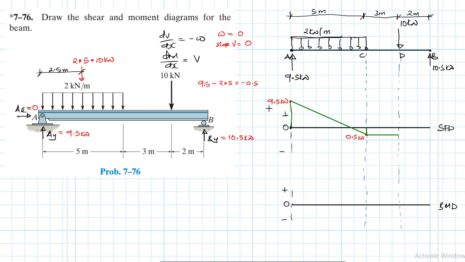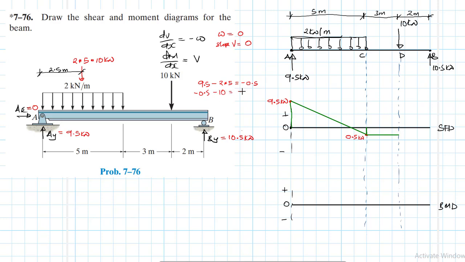Then the moment we reach the point load, we expect this shear to change. It is going to be reduced further by 10 kilonewtons. So we are going to have a scenario like this where we have minus 0.5 minus 10.